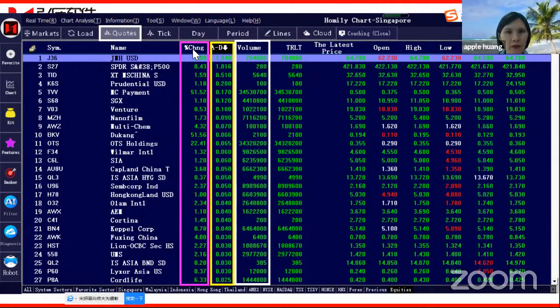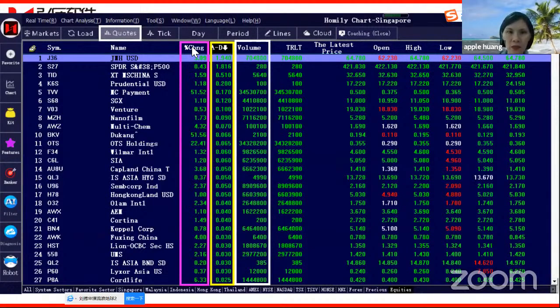If you press the left button on the same item again, then it will be descending order. If you press one more time, then it will be ascending order. So the operation is simple. You move your cursor to the item, then click the left button on the item.